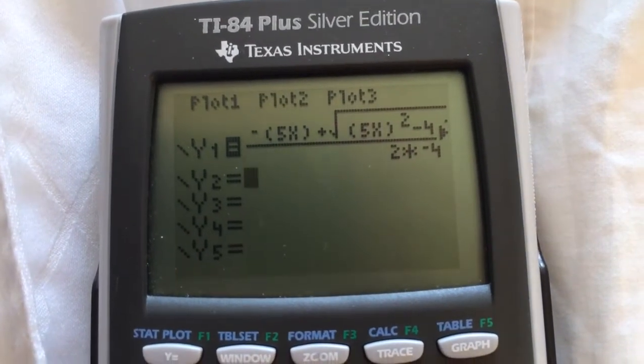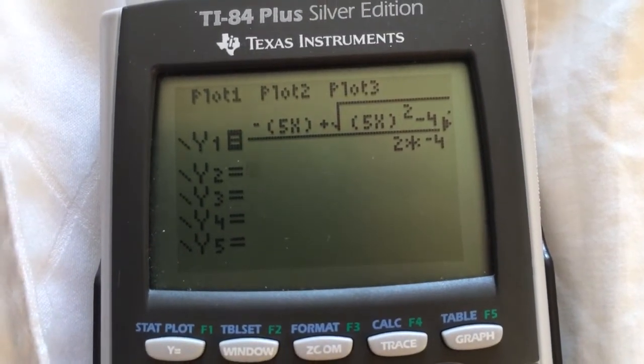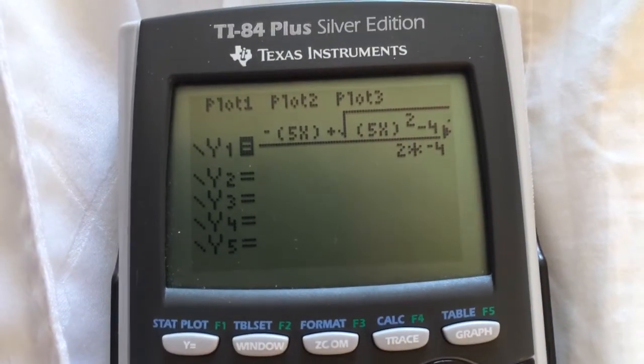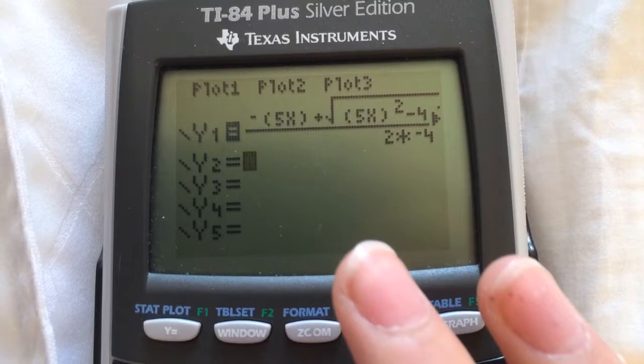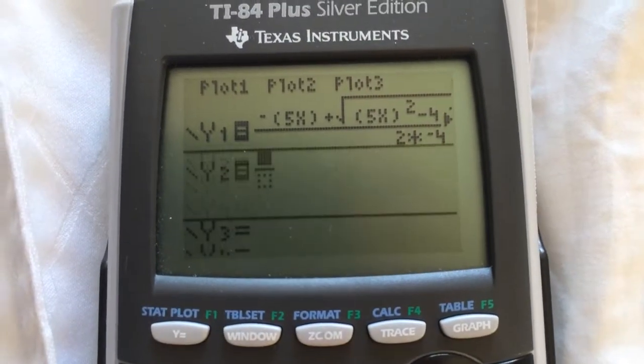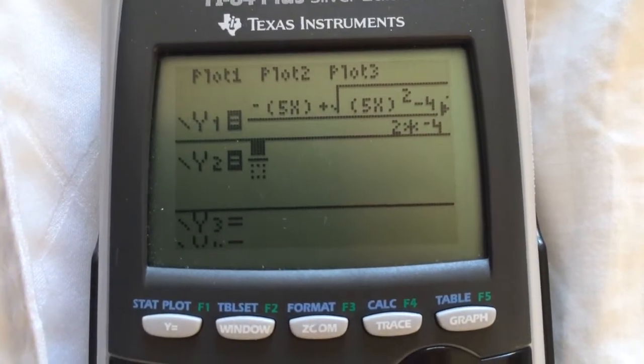But you may notice that in your quadratic equation you have that plus or minus. So you also have to enter the same version of the equation but with that minus before the square root sign.